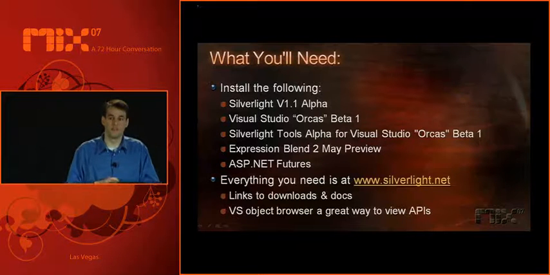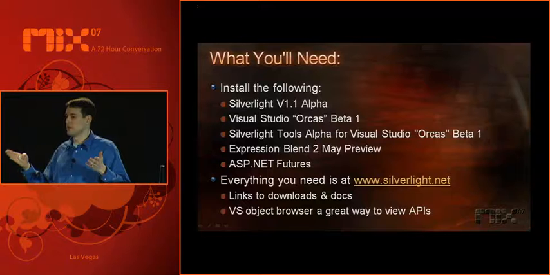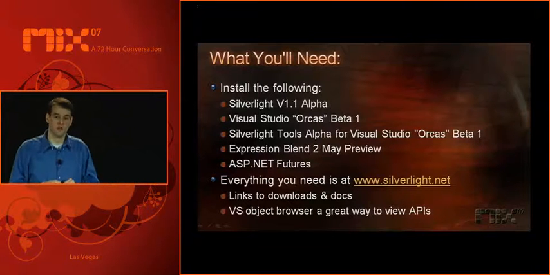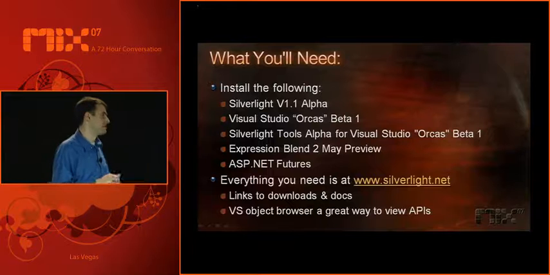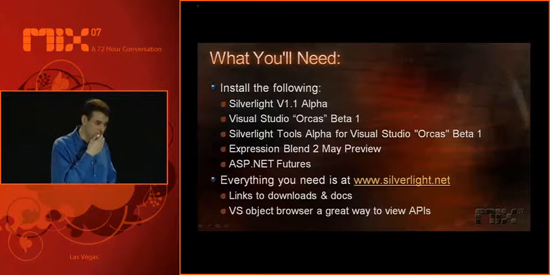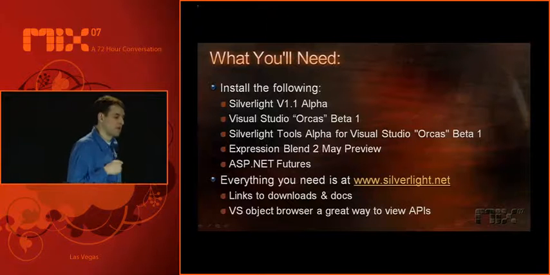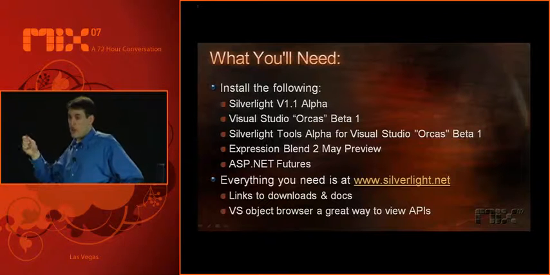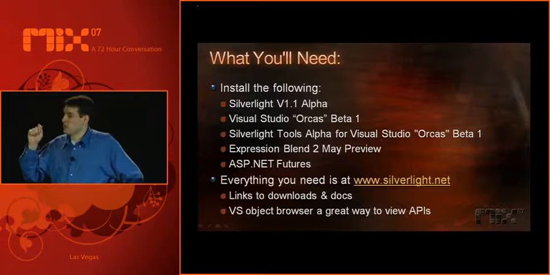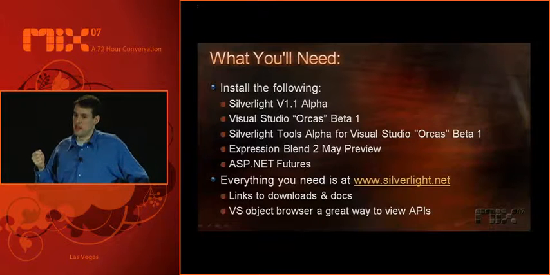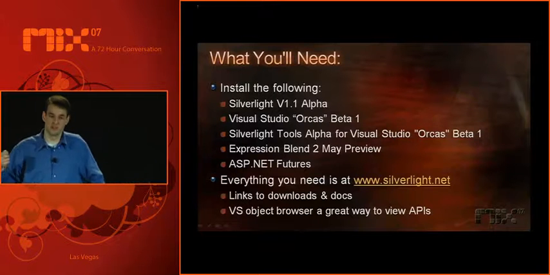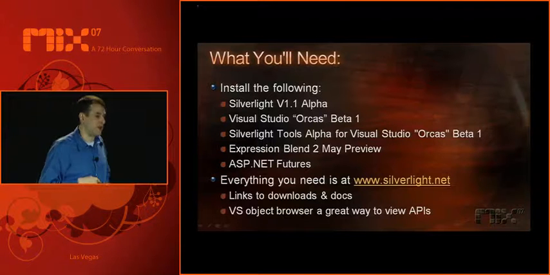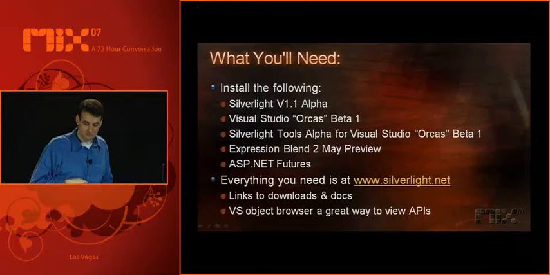If you also want to get the Expression experience you saw demoed in the keynote, you'll want to install the Expression Blend 2 May preview, which lets you author XAML that's targeted at Silverlight. And the final thing that you may want to install is the ASP.NET Futures release, because while Silverlight will work great with any server, we've done some integration points with ASP.NET to do things like making it very easy to add Silverlight content to your ASP.NET server. So there's a preview of that functionality available as well.